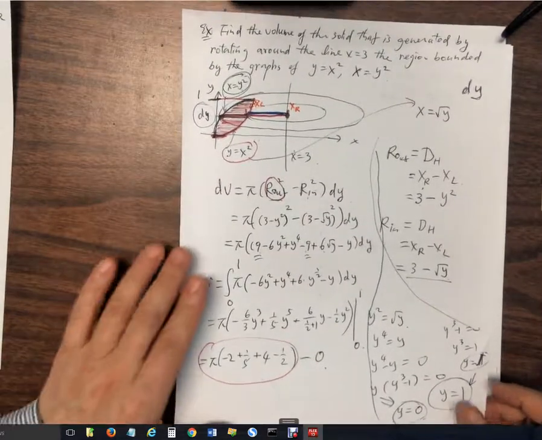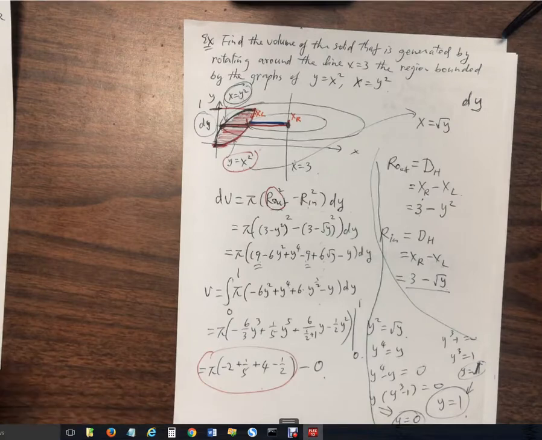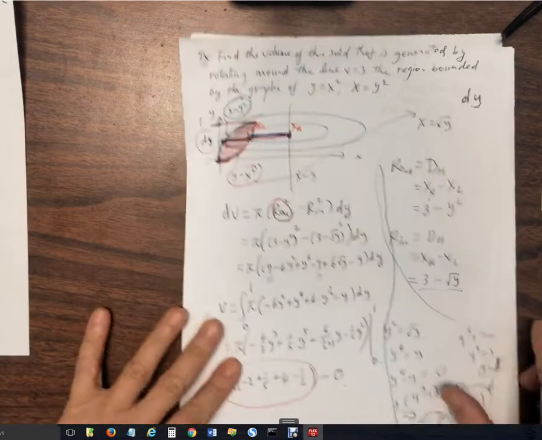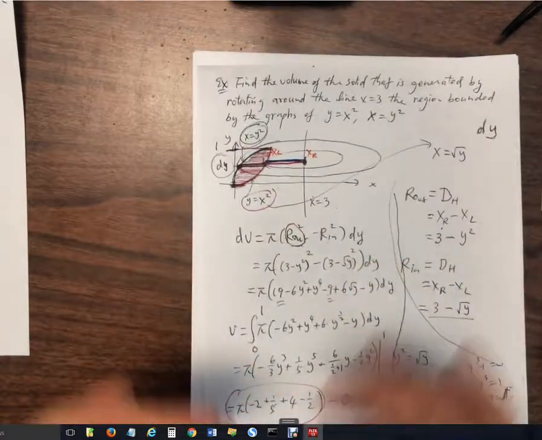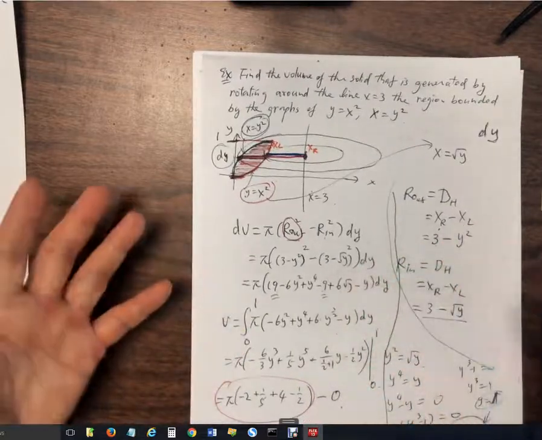All right, so this is the disc method and washer method. Now, from these two examples, you see we didn't know which formula we would use. We simply pick up a strip and revolve. If the revolution of a strip is a disc, we use a disc formula. If the revolution of a strip is a washer, we use a washer formula.